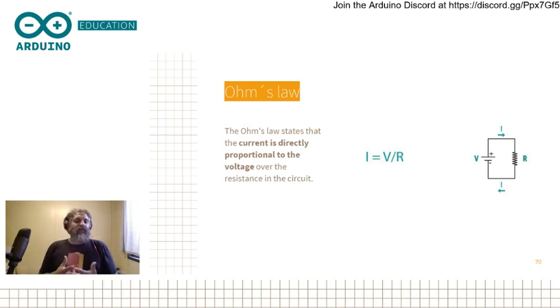So as I was saying, there is a relationship between all of these three components: current, voltage, and resistance. Ohm's law states that the current is directly proportional to the voltage divided by the resistance in a circuit.